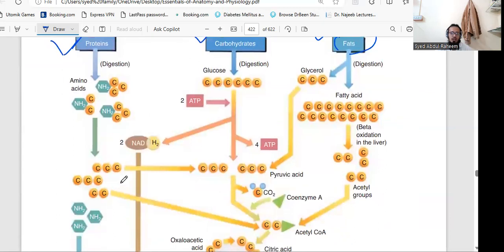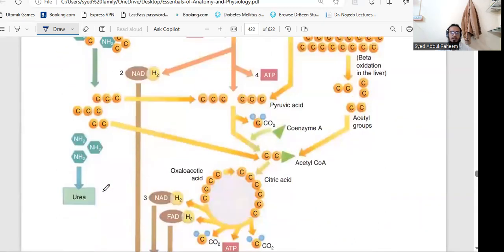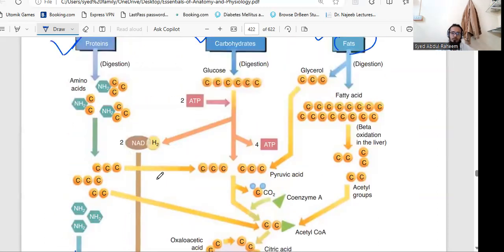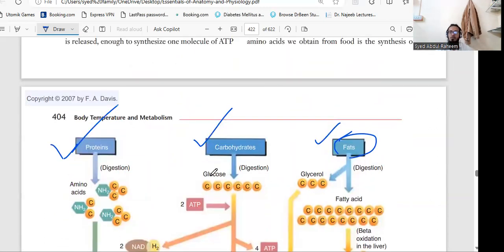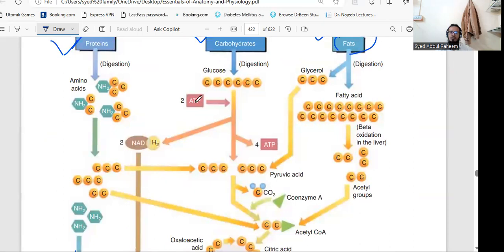Next, here we have the carbon molecules. Next, the waste product of protein: after utilizing, it will become urea. We have to eliminate urea from the body. Next, carbohydrates. Carbohydrates are digested to simple molecules, glucose. Glucose is utilized, and energy is produced.